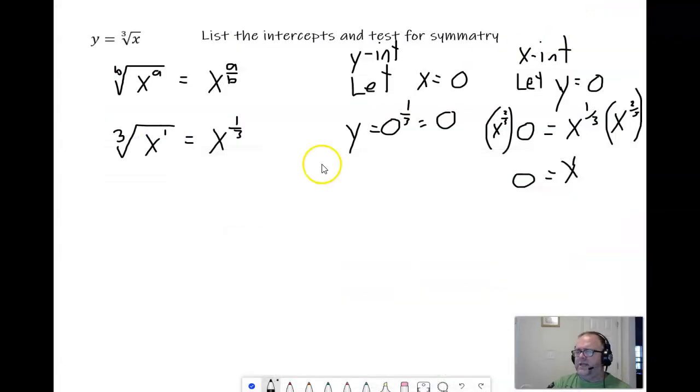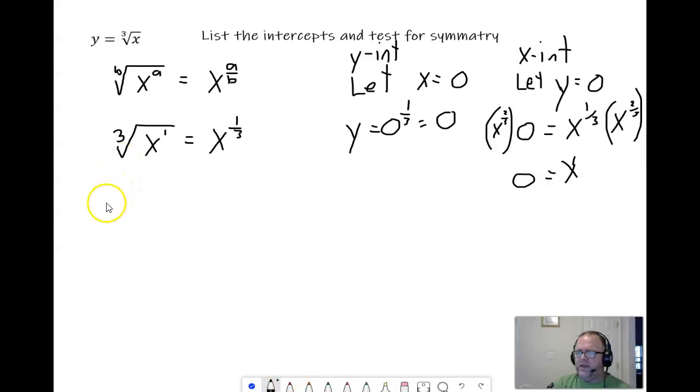And in order to test whether it is reflective across the y-axis, we can take the original function and replace x with negative x and see if we get the same function back. I'll just do one of these. So let's test to see if this thing is reflective across the y-axis.